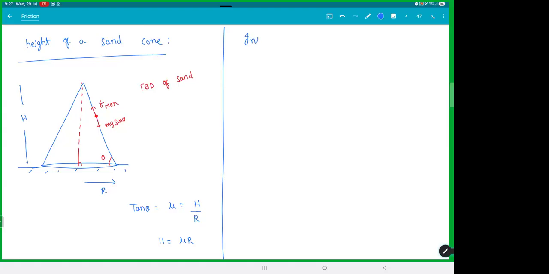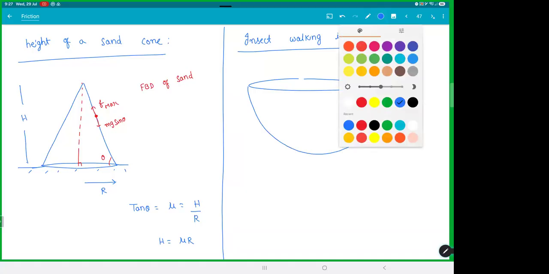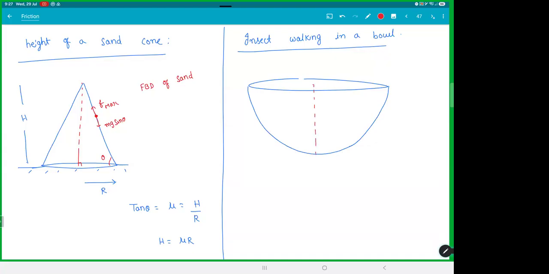The second model is an insect walking in a bowl. If you have a bowl here, again, we are talking about an ant or something, not a special insect. It doesn't have the sticky stuff like a lizard. We are assuming a regular insect. Again, same thing happens. When you try to walk here, at some point, like this, at angle theta, the mg sine theta is dragging you down.